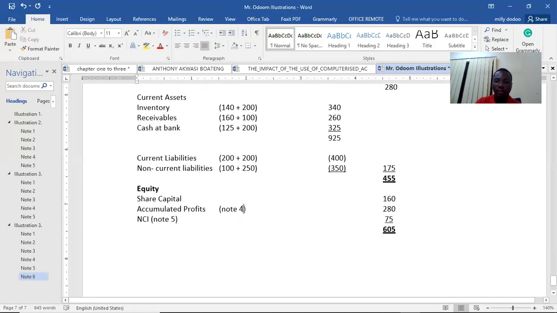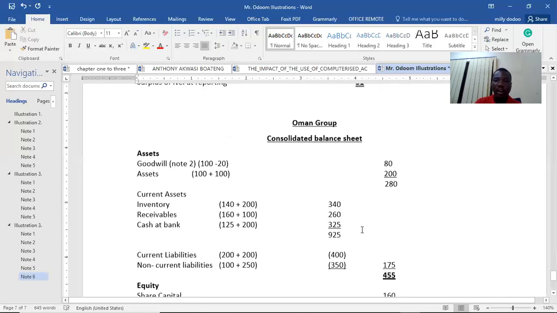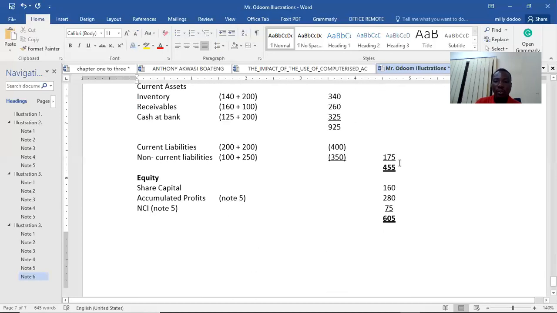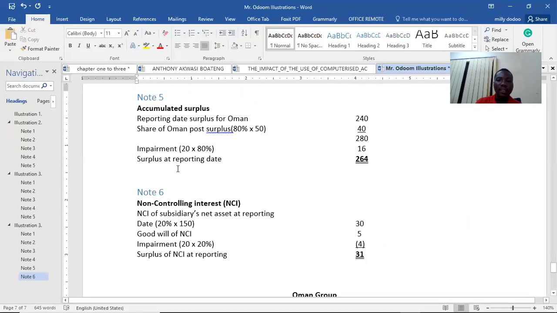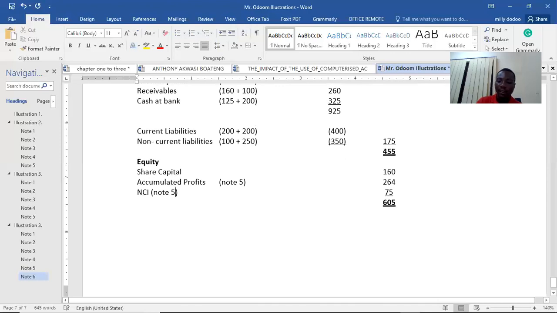So note 5, which I have, I think 264. NCI is in note 6. So NCI of 31. So 160 plus 264 plus 31 is equal to 455.